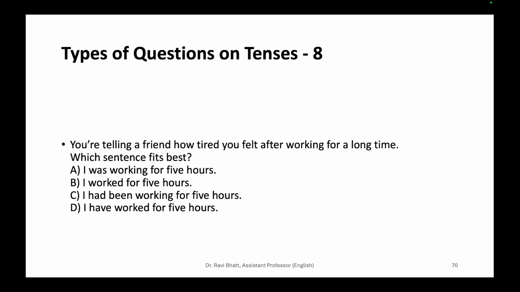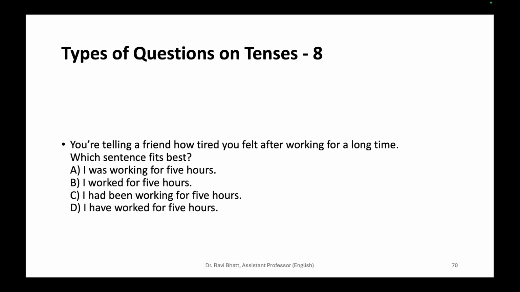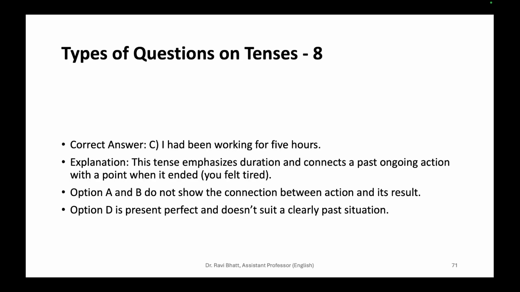Okay. So, which sentence would fit in best? See, I had been working for 5 hours. Okay. Because if we look at the sentence, you're referring to an ongoing action in the past with reference to a particular time. So, explanation: this tense emphasizes duration and connects a past ongoing event with a point when it ended.